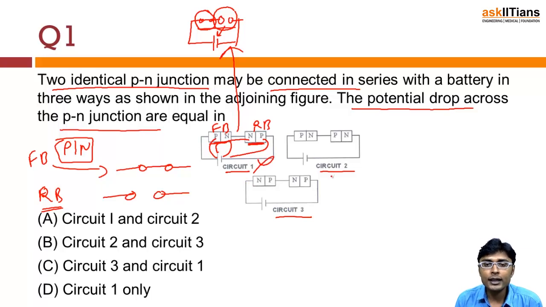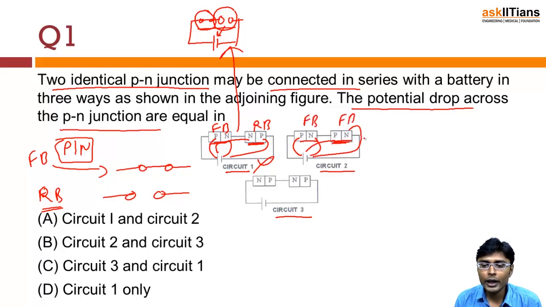So now let us see circuit number 2. In circuit number 2, the first PN junction is connected in forward bias, because positive is connected to P and negative is connected to N. And the second PN junction is also connected in forward bias, because positive is connected to P and negative is connected to N. So both are forward bias.